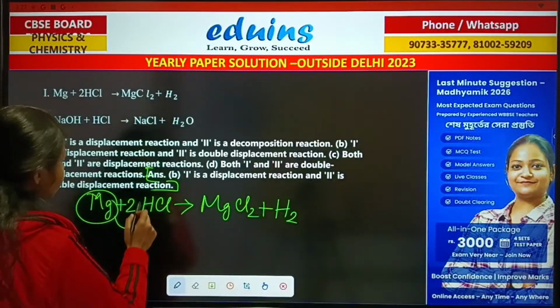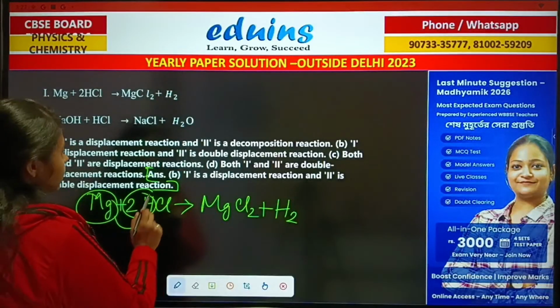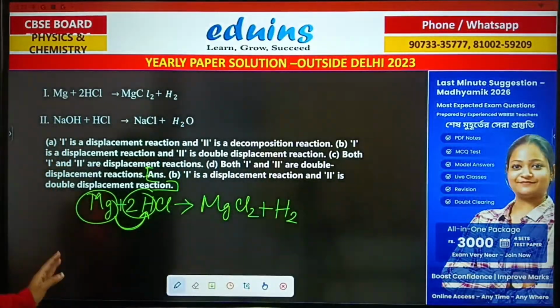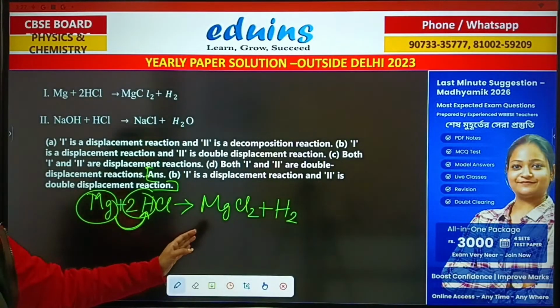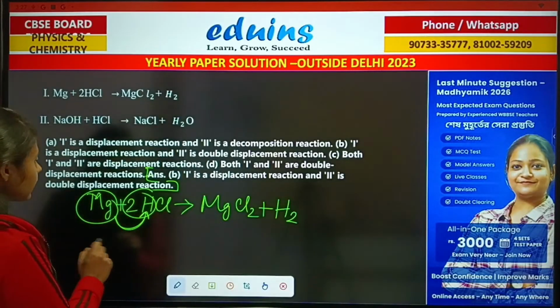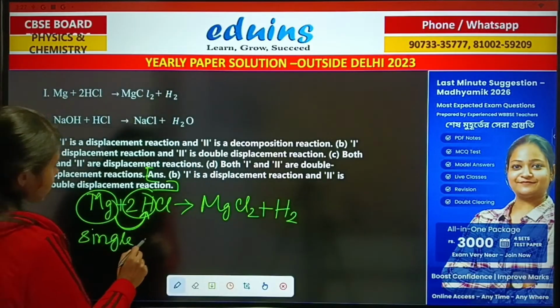It substitutes hydrogen and then it produces magnesium chloride, and there we get only the hydrogen gas. Magnesium takes the place of hydrogen and produces magnesium chloride. So this is a single displacement reaction.